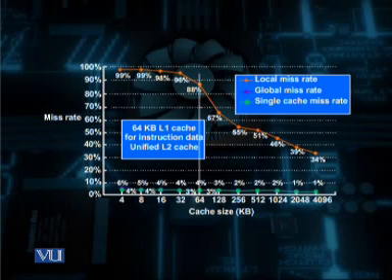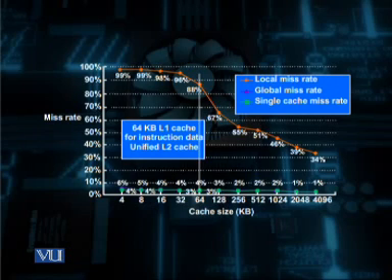From these figures, we may conclude that the average miss rate can vary by changing the size of first level cache. The second level cache should be much larger than the first level cache because the global cache miss rate is similar to the single cache miss rate.